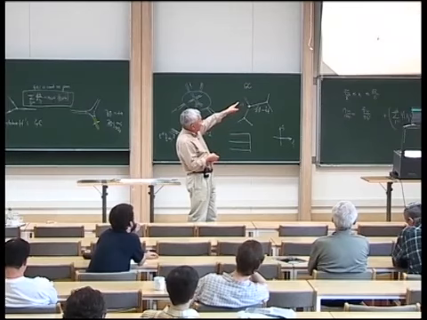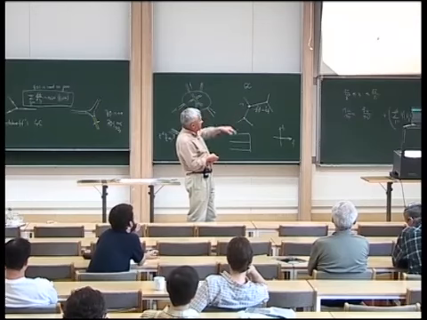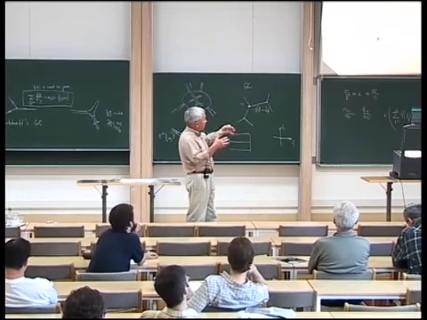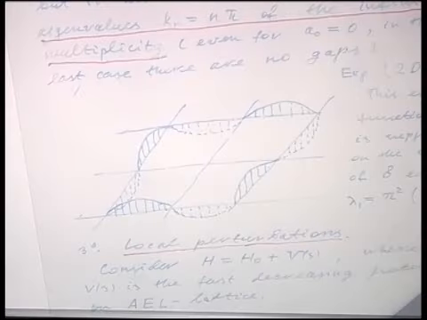And if we fix the frequency n times pi, there are infinitely many eigenfunctions, and all the eigenfunctions have the following structure. It's a typical structure.